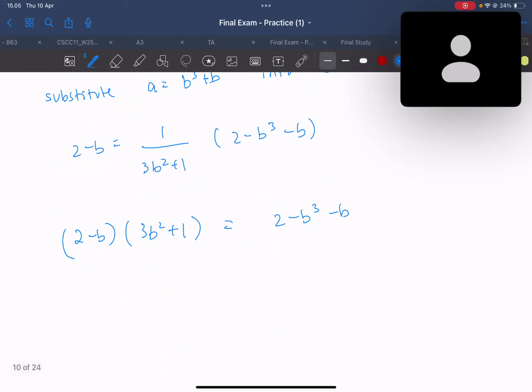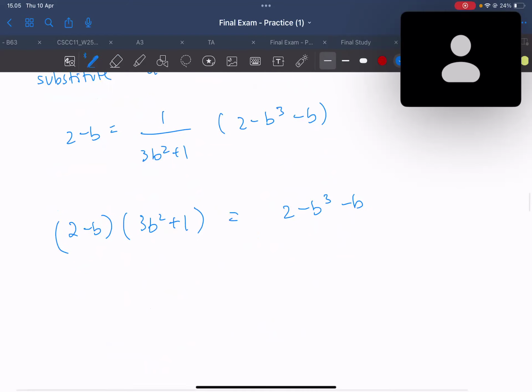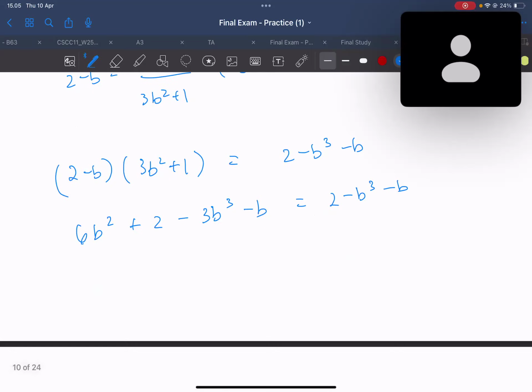And if you expand this, you get 6b squared plus 2 minus 3b cubed minus b equals 2 minus b cubed minus b. Then if you simplify this, the 2 cancels out and the minus b cancels out.